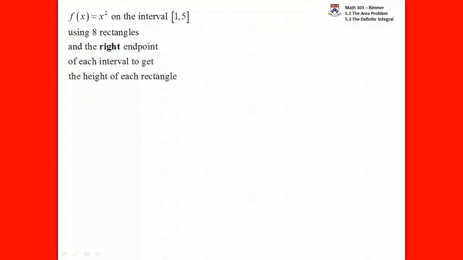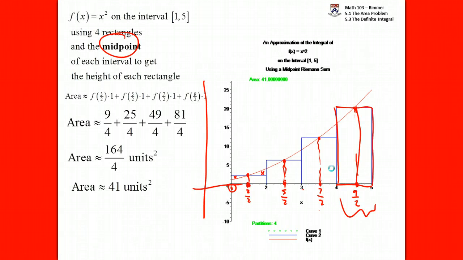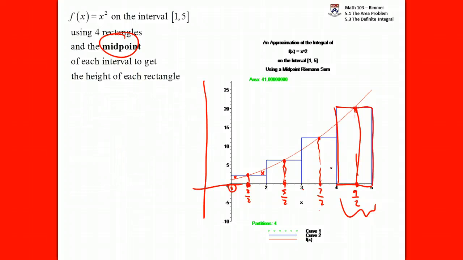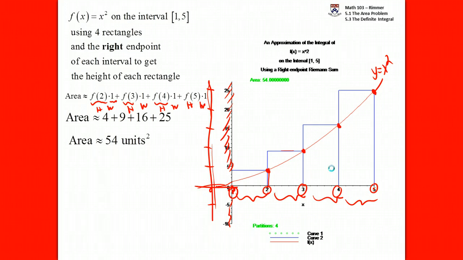Okay, I wouldn't ask this by hand, but here it is on the computer. If I double the number of rectangles, I'll get more accurate. Let's say we go back to right endpoint and we use 8 rectangles. It's still too much, but let me go back to when I had 4 with right endpoint. See how much it is off here?